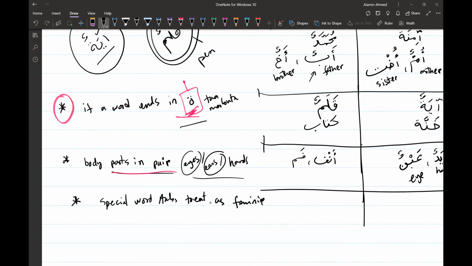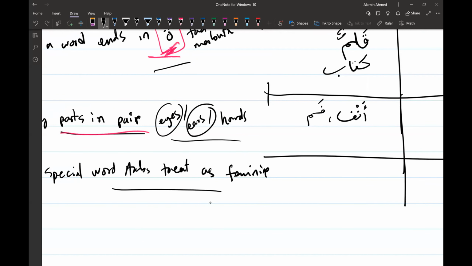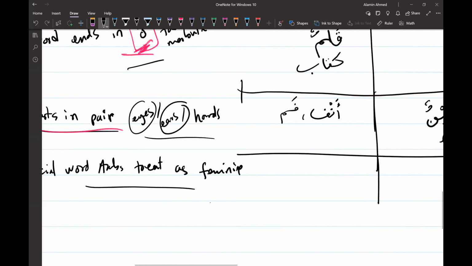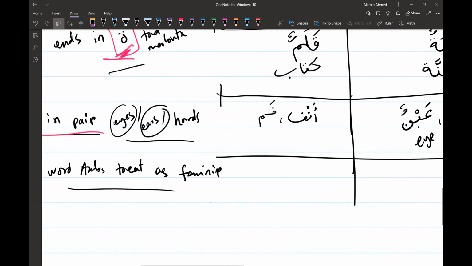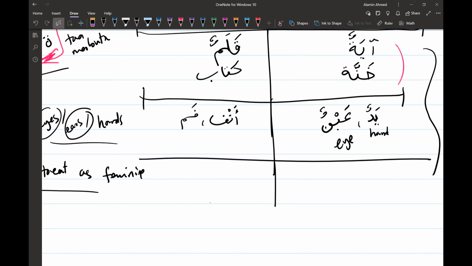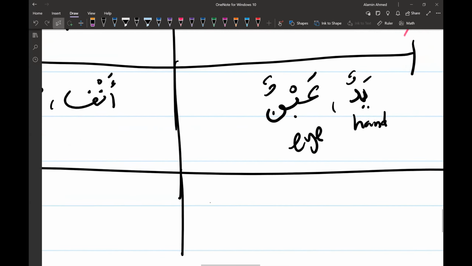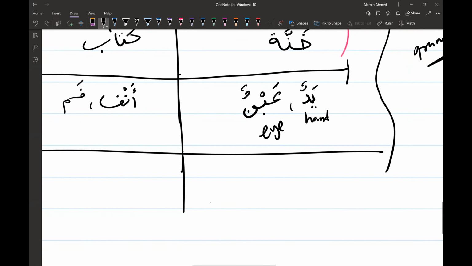Here you also have some kind of rule, but here there's no rule. They're not connected in any way. You just have to memorize this set of words, and they're not many, but the words are very, very common, and you have to know that Arabs treat them as feminine. If you study in a little more detail, some people have many interesting things to say about why they treat them as feminine, but maybe this is not the discussion.